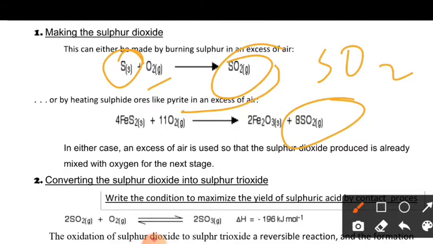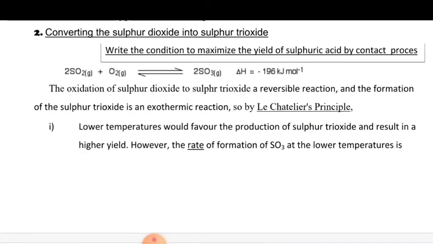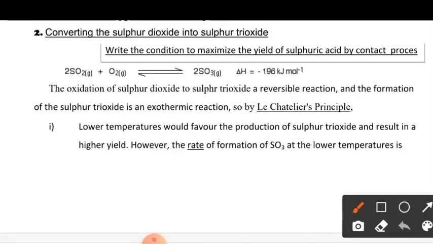The sulfur dioxide thus prepared is then converted into sulfur trioxide, that is oxidation. Sulfur dioxide prepared by burning sulfur in air is subjected to further oxidation, and we get sulfur trioxide.